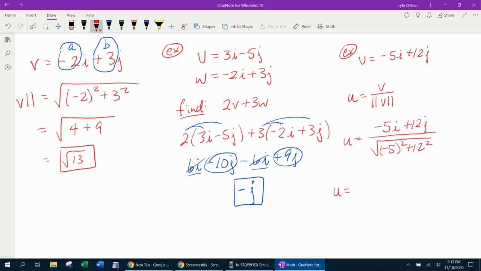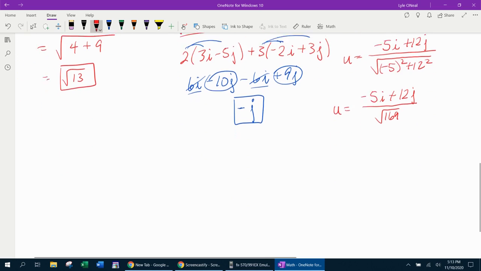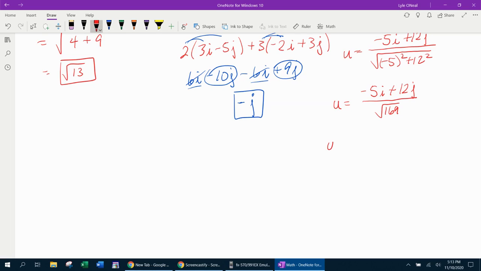And that's going to give us negative 5i plus 12j divided by the square root of 25 plus 144 is 169. And I believe that does square root nicely.